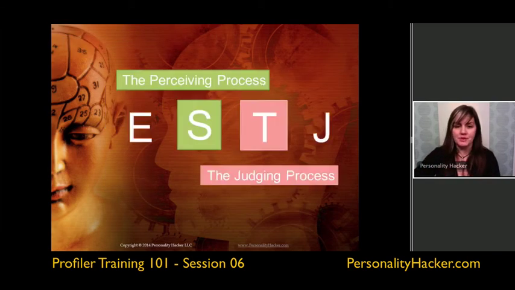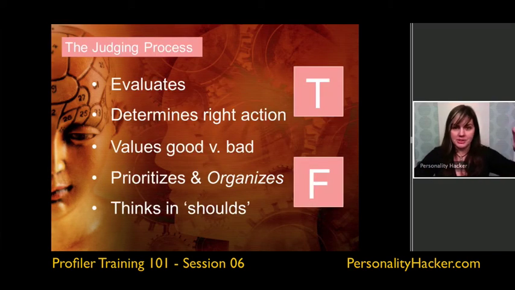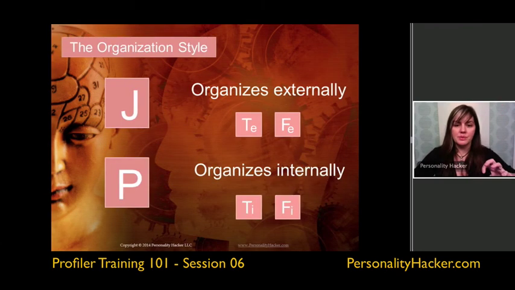Let's go back up to refer to that. Judging processes: thinking, feeling. So if you're a judger, your thinking and feeling process, whichever one it is, because you'll be a thinker or a feeler, will always be extroverted. Always, always, always. If you're a judger, your thinking and feeling process will always be extroverted, all right? So that's connoted with a little E next to it.